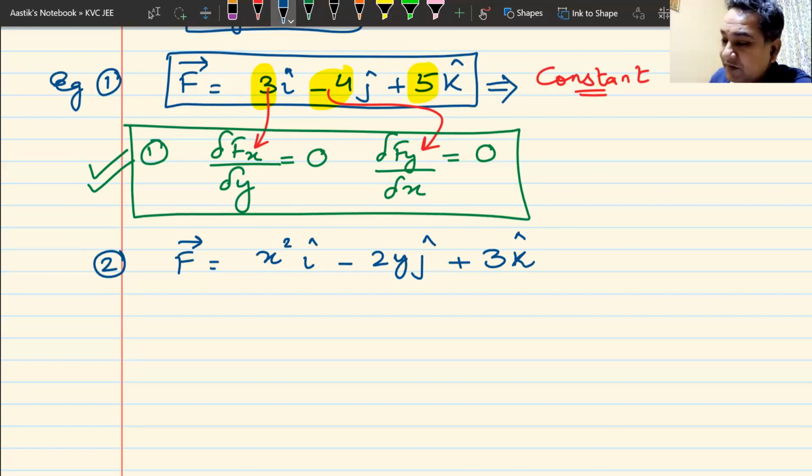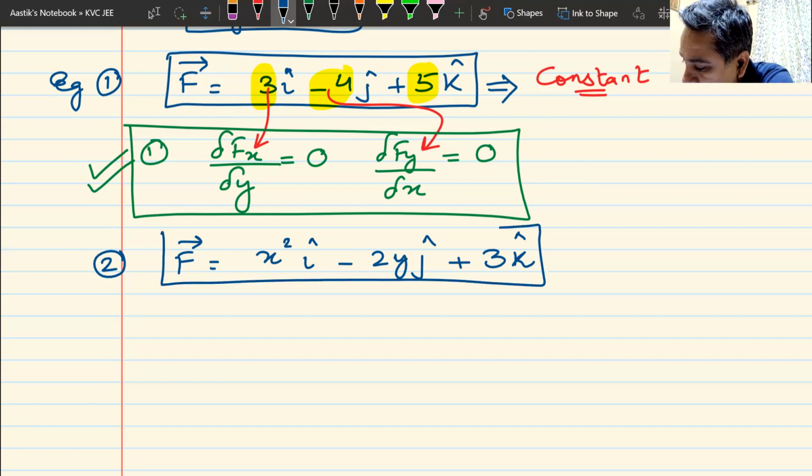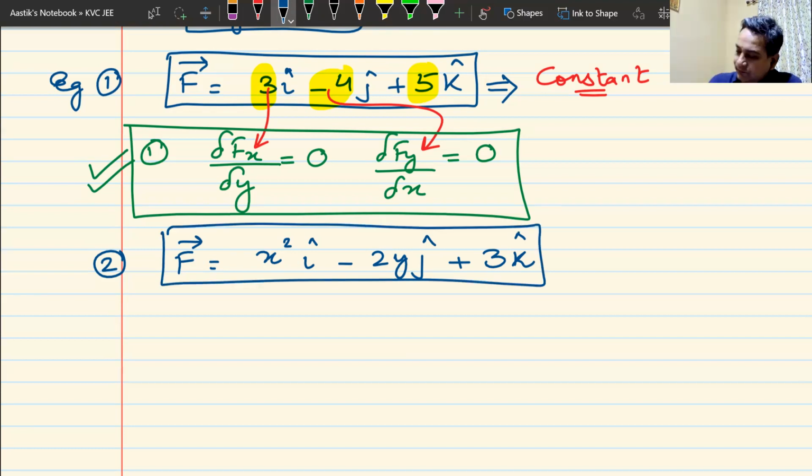Can you tell me whether this force is conservative or not? Whether this force is conservative or not, your time starts now.